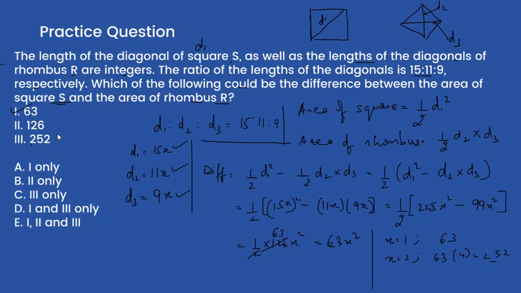So 252 is possible. 126, which is the second one, is not possible, because x has to be an integer. x could be 1, the minimum positive integer, or x could be 2, which gives a difference of 252. Hence, 126 is not a possible value. Hence, the correct option is option D.